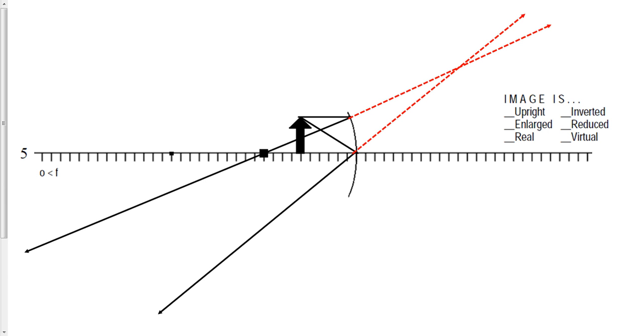Virtual rays go backwards from the reflection. What happens here? The virtual rays intersect. So describe the image. The image is upright. Compared to the original object, it's the same orientation. So it's upright, enlarged, virtual.